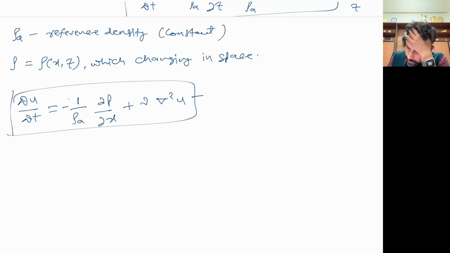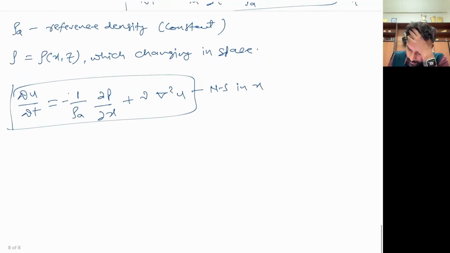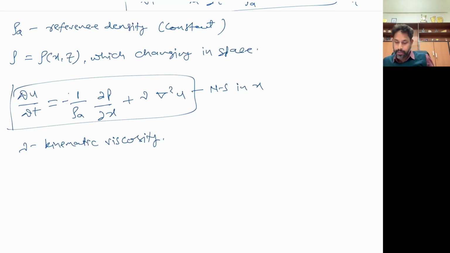So this is the Navier-Stokes in X, right, where nu here is the kinematic viscosity, which is simply mu by rho a.